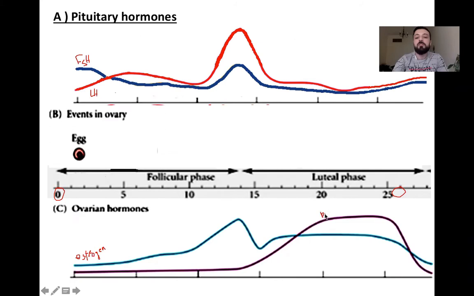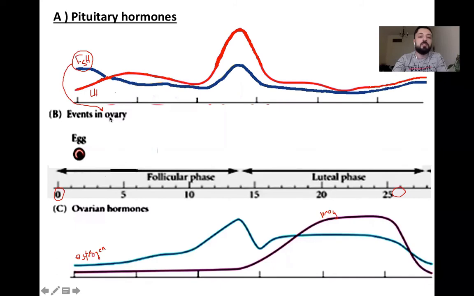Here we start speaking about progesterone. As you can see, progesterone levels start increasing as we go through after ovulation, as the corpus luteum is formed. So pay attention. As FSH is released from the pituitary gland in the brain, it is sent to the ovary by the blood. FSH is named follicle stimulating hormone.